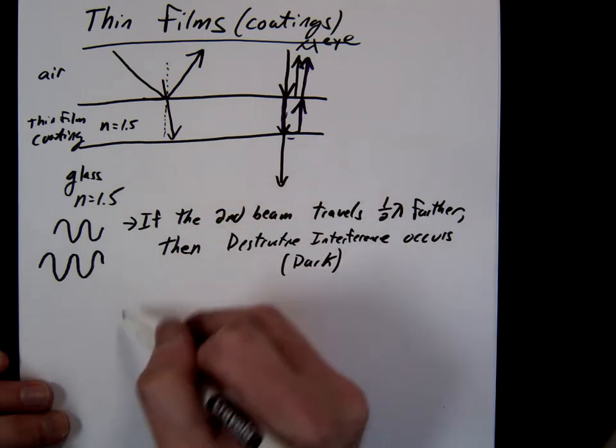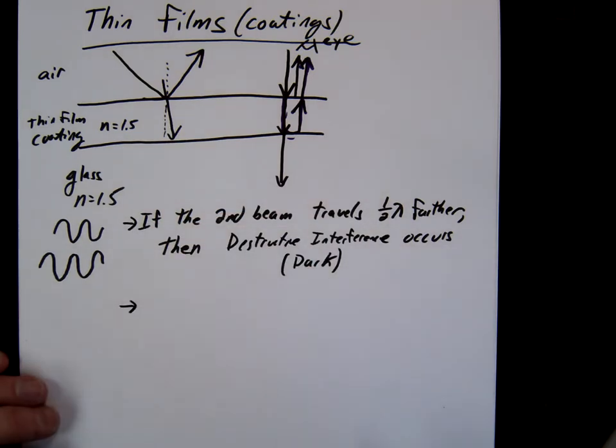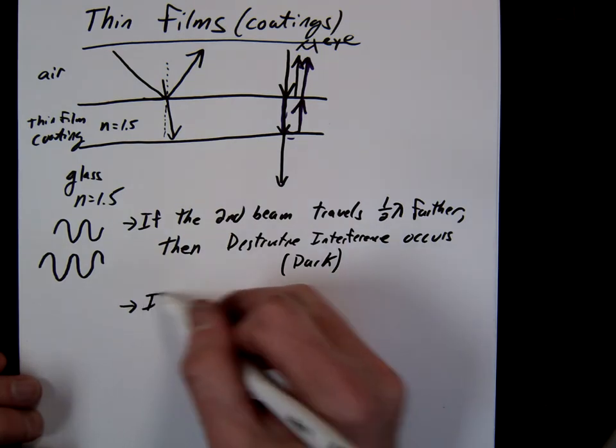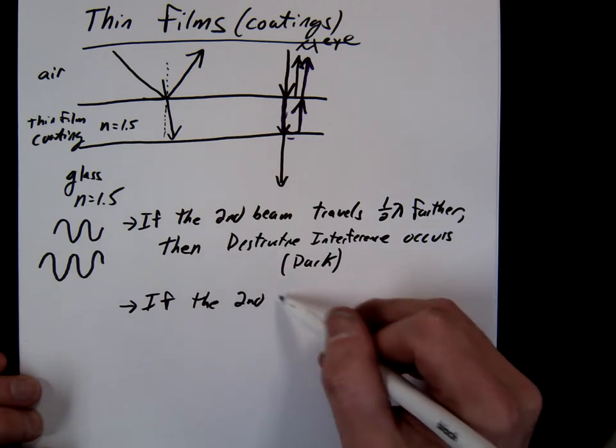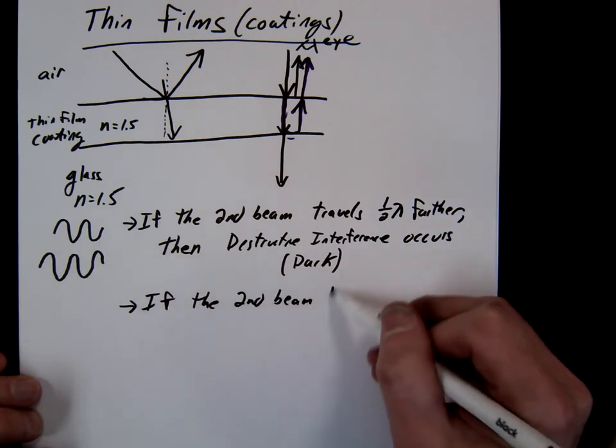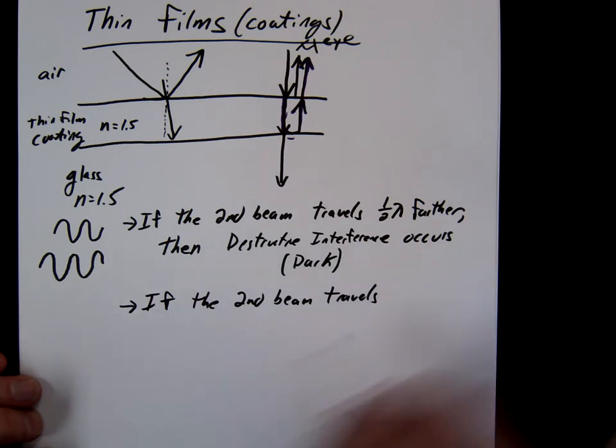Okay, well, you could probably write the second sentence for me. What am I going to say on the second sentence? What if the second beam travels what? Well, it can't travel the same.